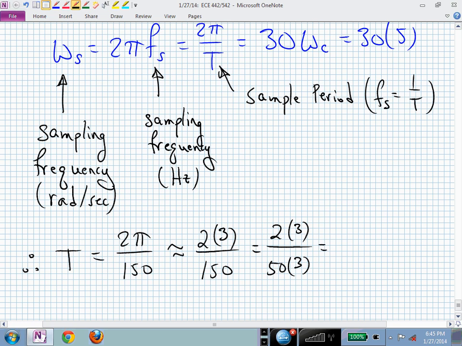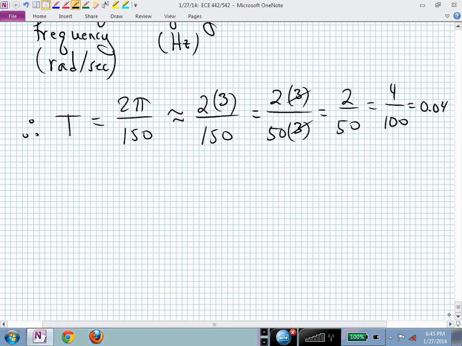All right, so now where are we at? 2 over 50. That's just 4 over 100, or 0.04, or T is 40 milliseconds.